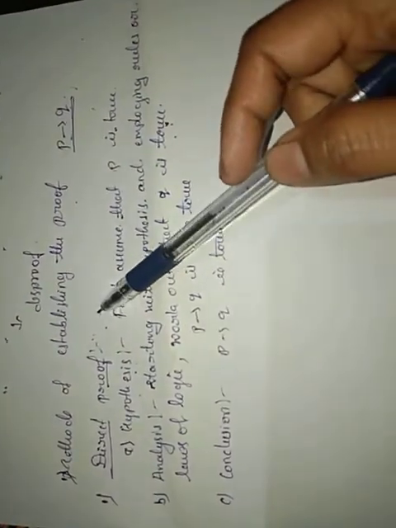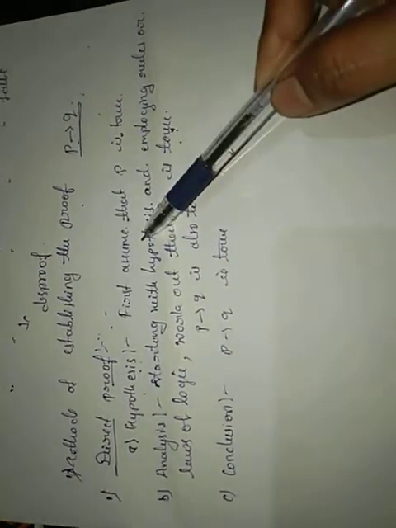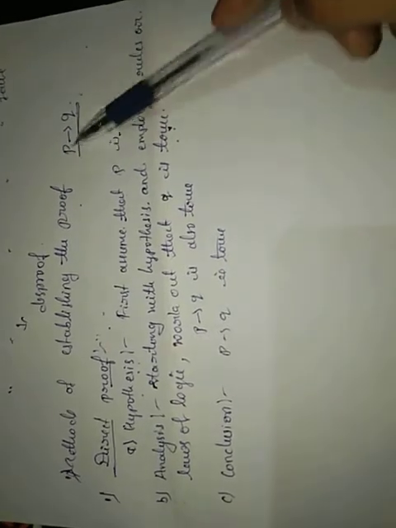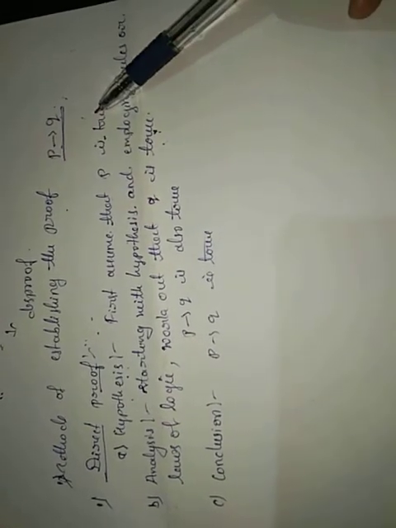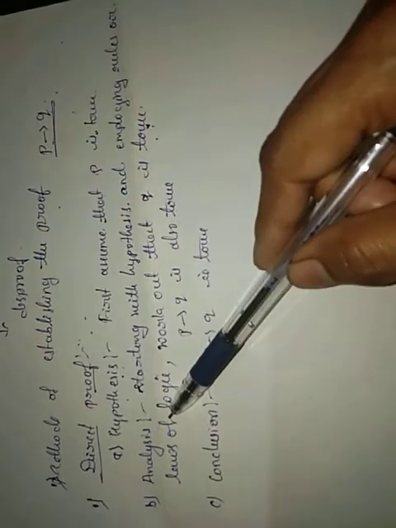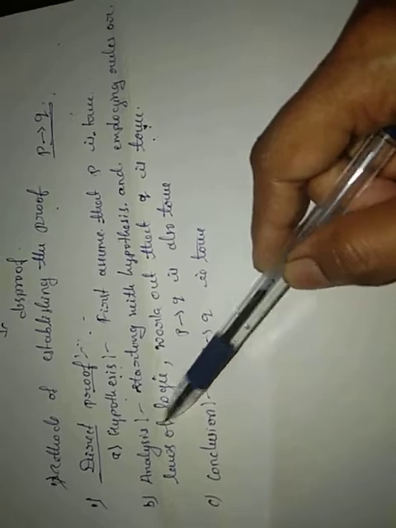So the first method is direct proof. In the method of direct proof, for the given conditional, first we have to assume, as the hypothesis, that P is true. When we assume that P is true, then we work out the analysis.